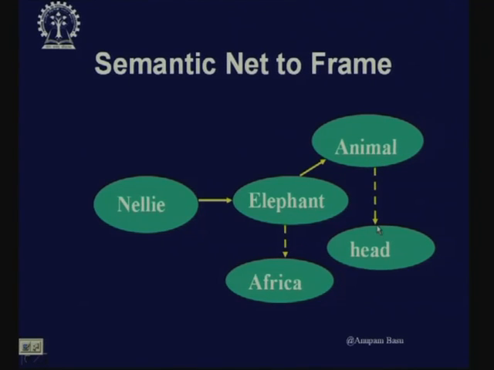Now, if I look at elephant, it is a class, all right. So, elephant is a what? According to this semantic net, elephant is an animal. So, this is a class relationship, all right.